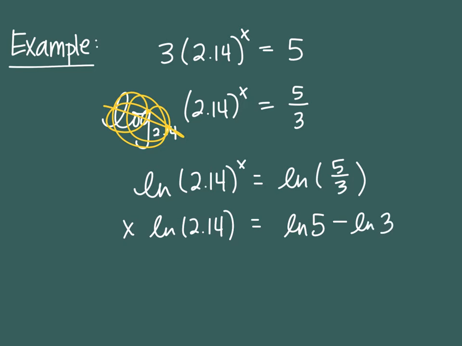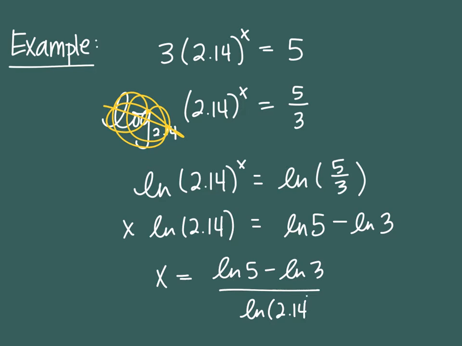And then we just have to get x alone by dividing. The answer looks awkward, but it's still okay. So x is ln 5 minus ln 3 over ln 2.14. So don't just use ln for Lenny, use ln when you have an awkward decimal also.